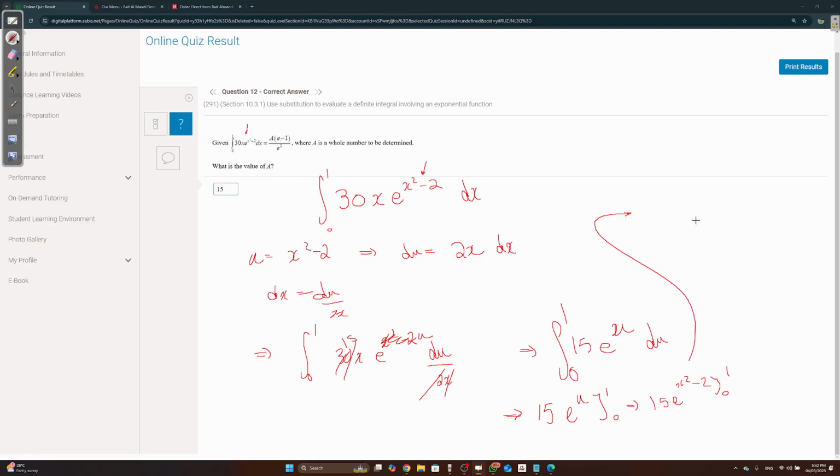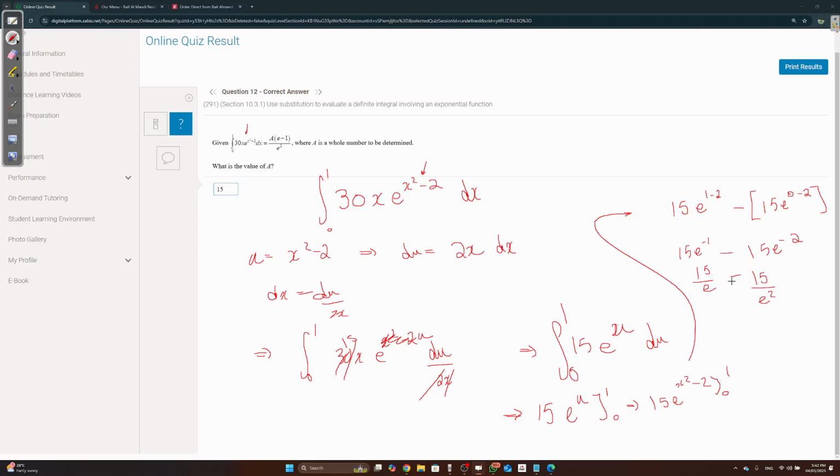Substitute 1, you're going to get 15 e to the power of 1 minus 2, minus open bracket 15 e to the power of 0 minus 2. So 15 e to the power of negative 1 minus 15 e to the power of negative 2. This is 15 over e, because of the negative power, minus 15 over e squared.